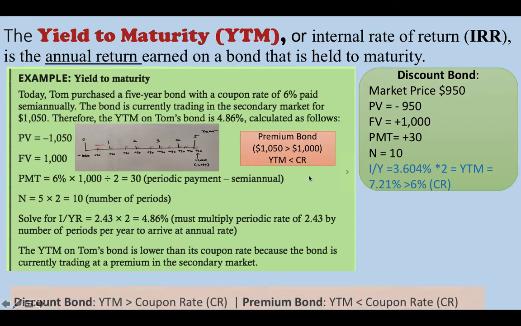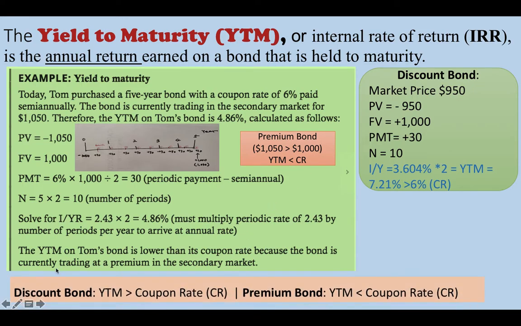So that's why this is always true. When a bond sells at a discount, its yield to maturity is always greater than the coupon rate. When the bond sells at a premium, its yield to maturity is less than the coupon rate. That's just a fact about bonds.